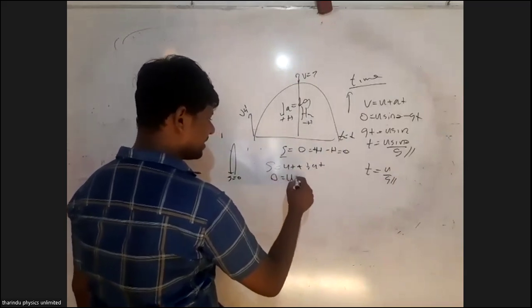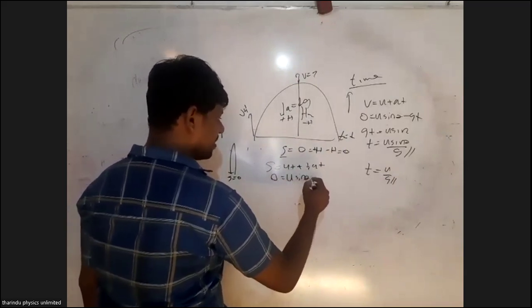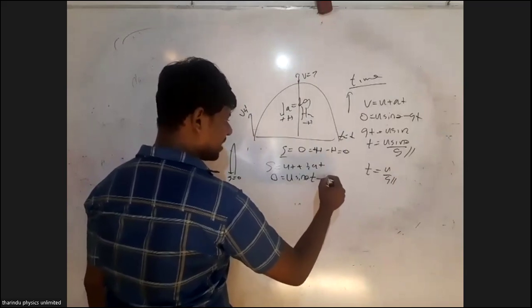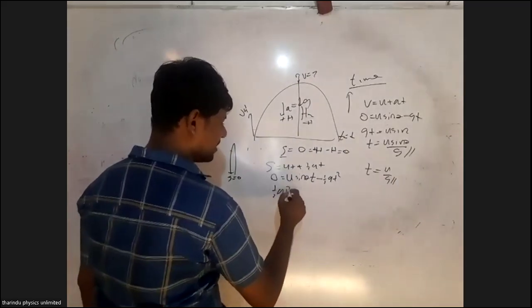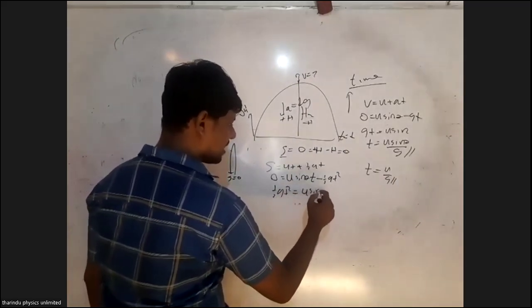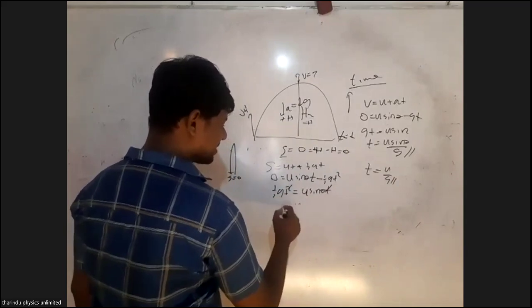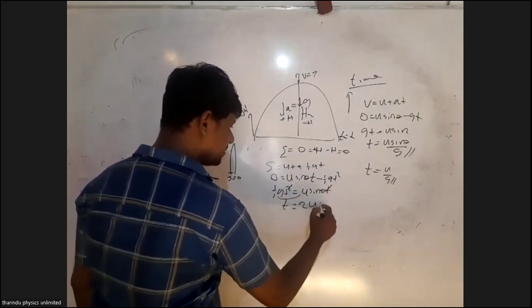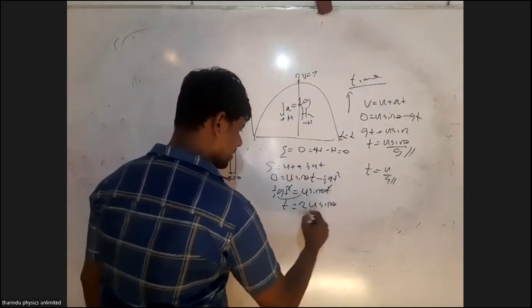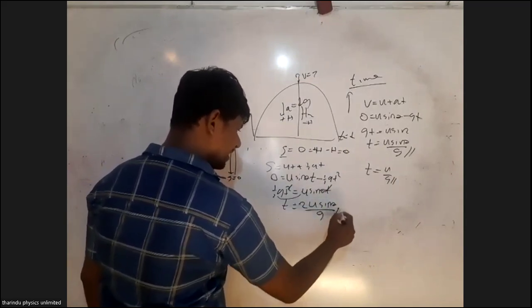So u sine theta times t minus half gt square equals 0. This half gt square comes to here, equals u sine theta times t, and t cancels off. By cross multiplication, t equals 2u sine theta over g.